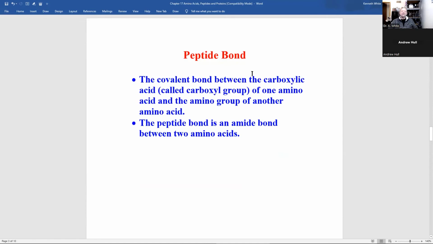Here we have what's called a peptide bond. The reason I'm going over this, you might need it for other classes you're taking. That's the covalent bond between the carboxylic acid, called the carboxyl group of the amino acid, with the amino group of another. This is called a peptide bond, but Dr. White, being not a protein chemist, but a synthetic organic chemist, calls that an amide bond.